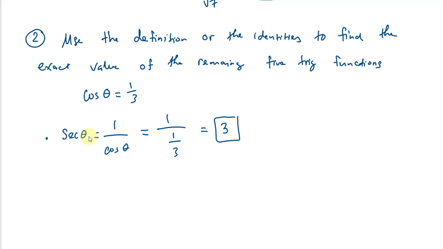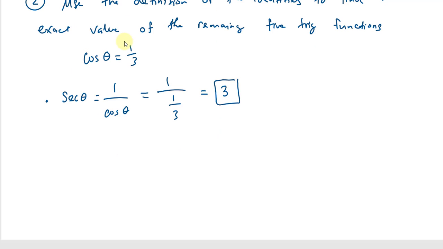Now after we have secant, what else can we do to find the other 4 remaining trig functions? Well, you can use many other formulas, but one formula that we may use is this trig identity.